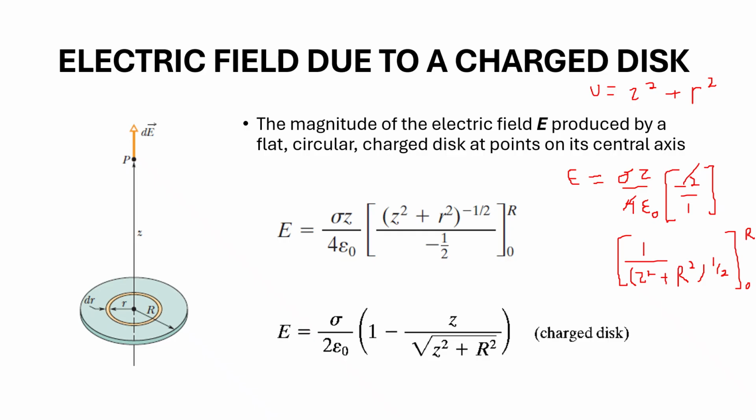So what you have here is, I just focus to solve for this term. So I have z over, starting from 0, r from 0.